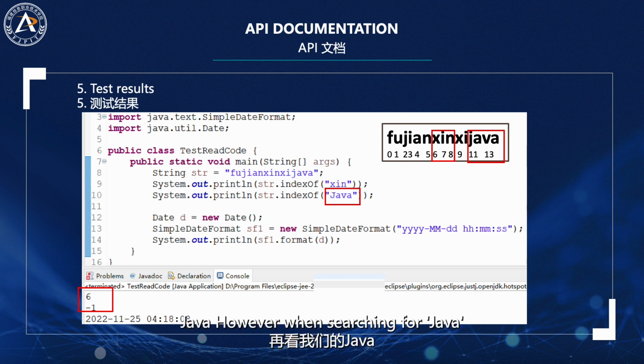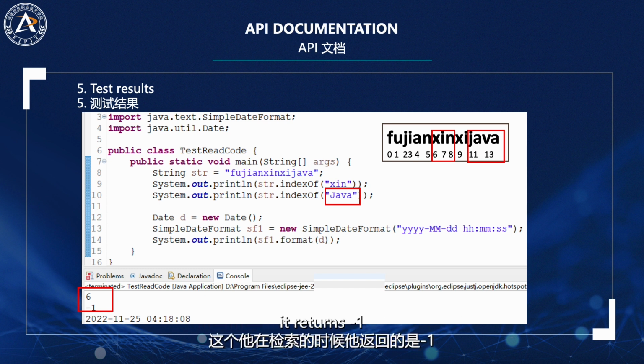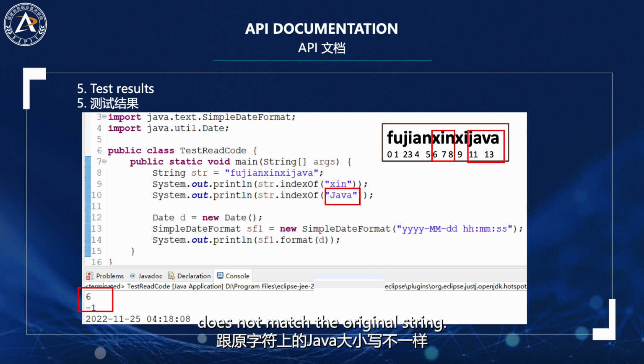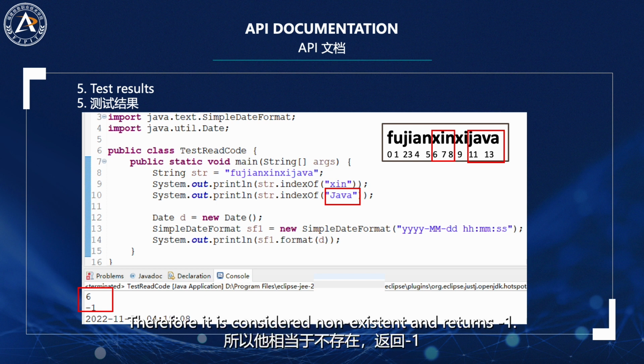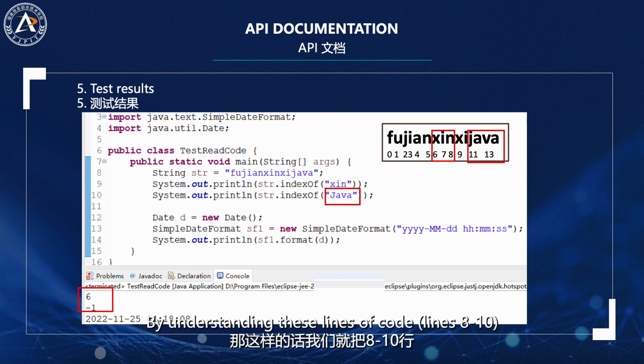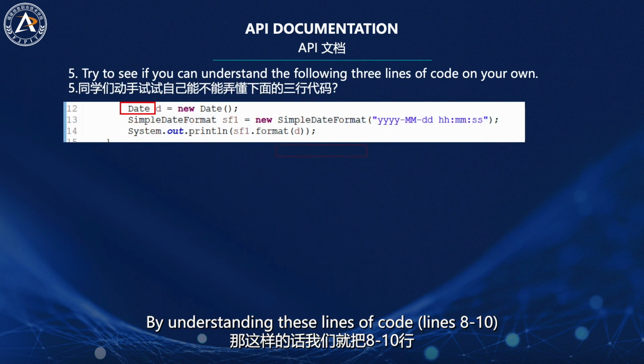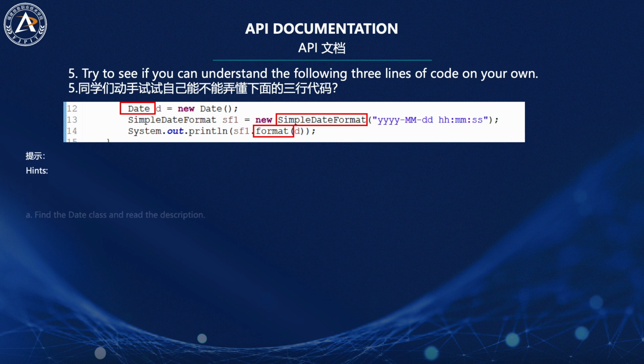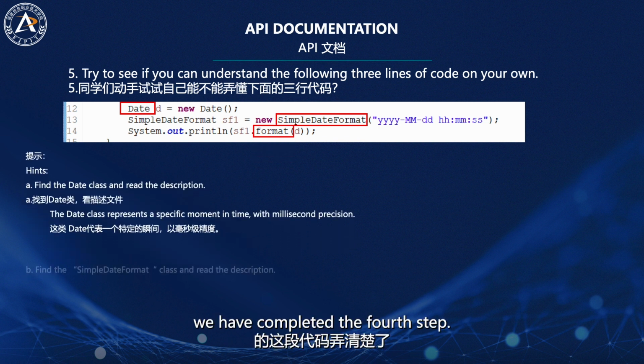However, when searching for Java, it returns -1, because the case of Java does not match the original string. Java is a case-sensitive language. Therefore, it is considered non-existent and returns -1. By understanding these lines of code, lines 8 to 10, we have completed the fourth step.